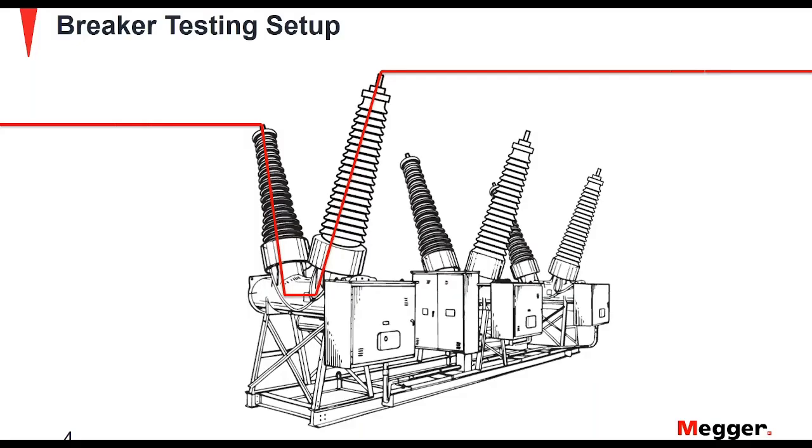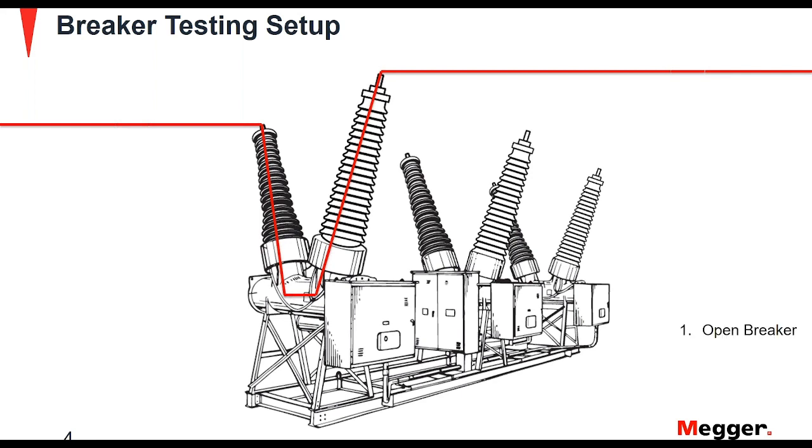So first of all, for breaker testing in the conventional way, when I have a breaker and I want to do a timing test, motion test, or even contact resistance test on it, as a common practice everywhere, it might differ in some steps, but generally it will be most likely like this.